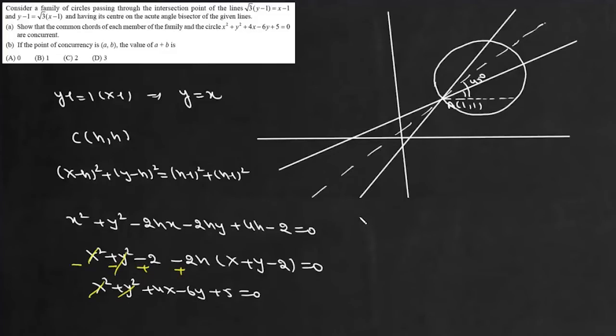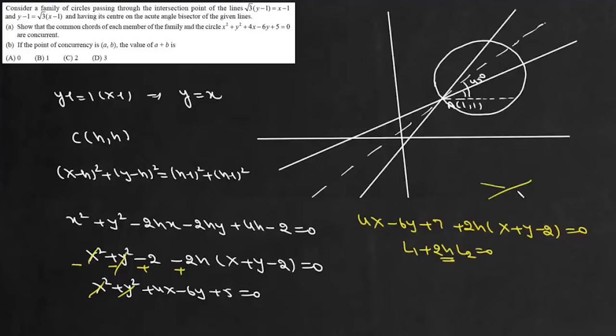So we'll get 4x minus 6y plus 7 and then plus 2h times x plus y minus 2 equals 0. So basically this equation is L1 plus 2h L2 equals 0, where h is a parameter. Now it represents a family of all the lines which pass through the point of intersection of L1 and L2. So that fixed point is the intersection of these two lines.